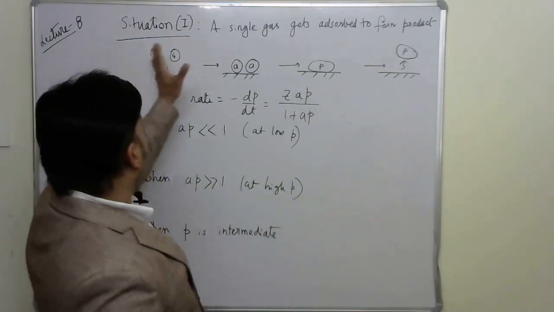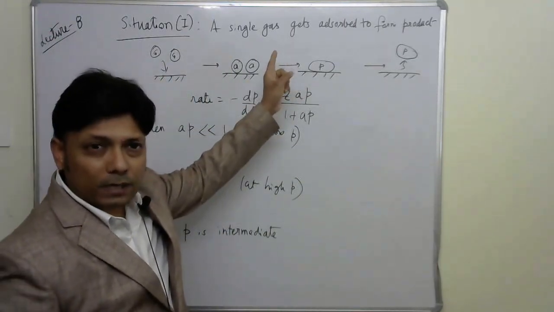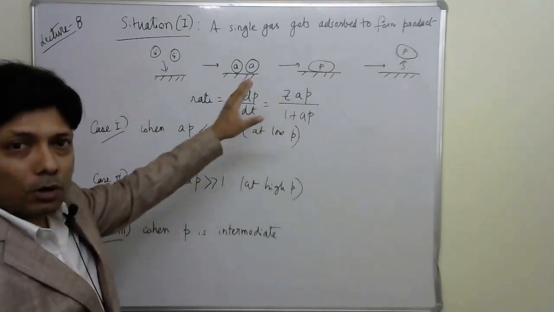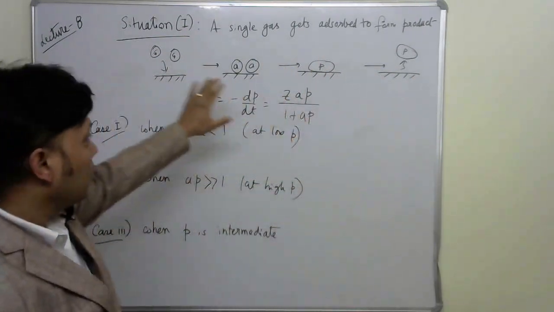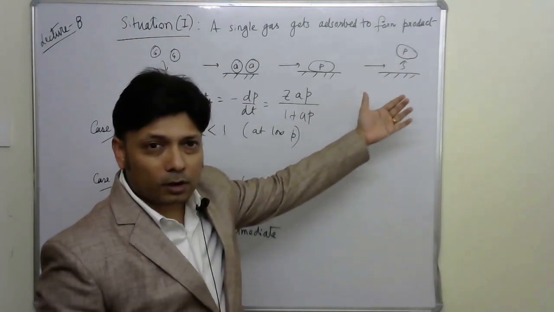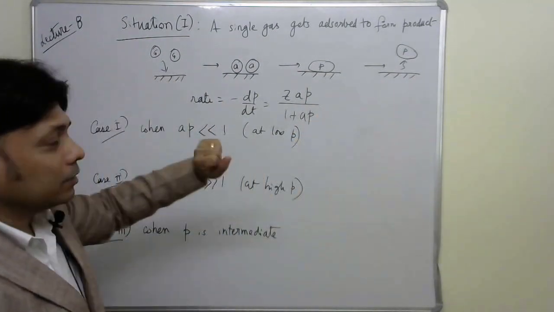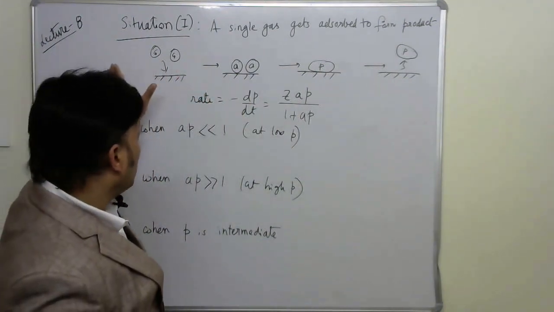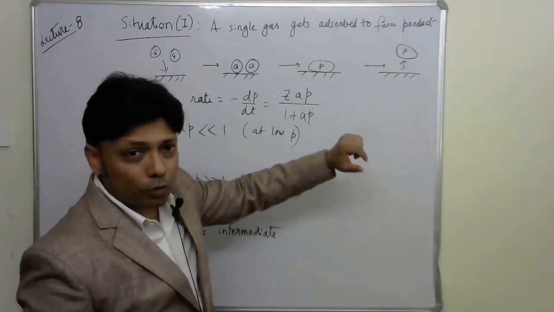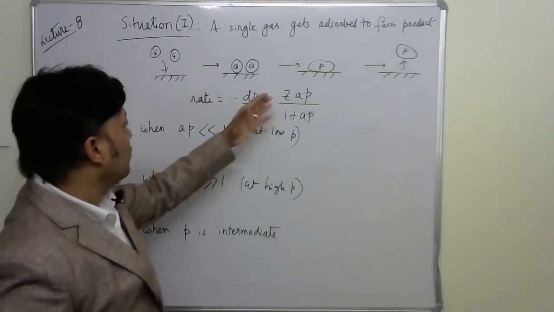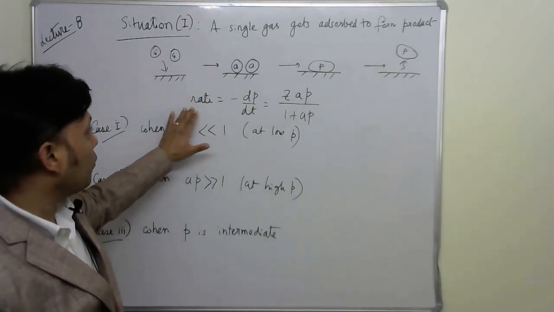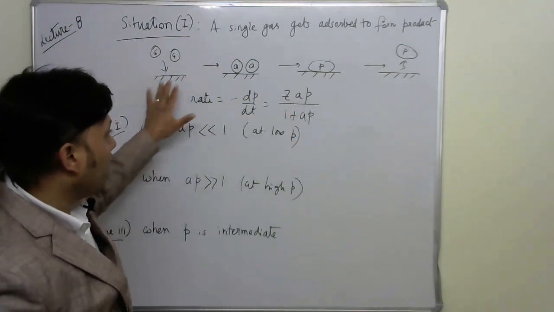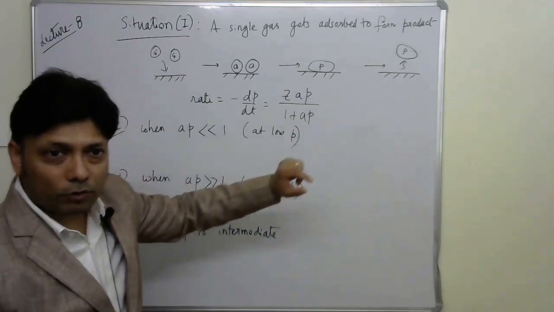First, situation 1, where a single gas gets adsorbed to form a product. We have seen this mechanistic model at the very beginning of this lecture. One single kind of gas molecule is getting adsorbed. The entire process goes through four steps, but the rate determining step is adsorption, and therefore the rate is given by the expression we have already seen.